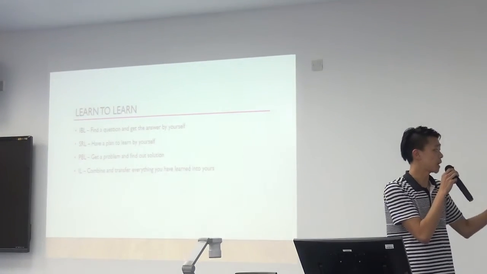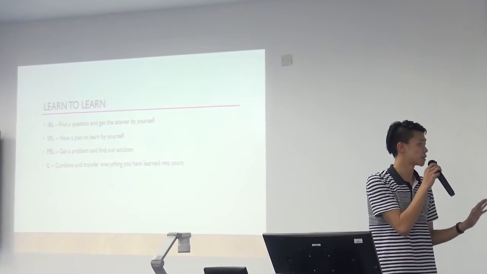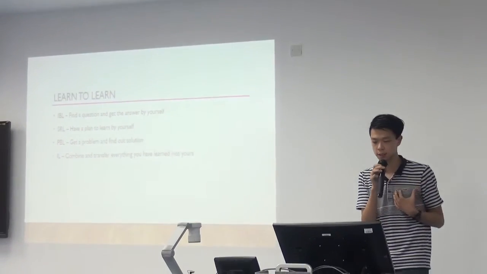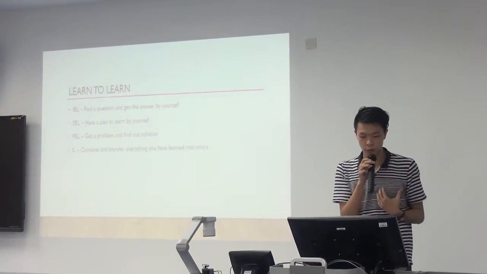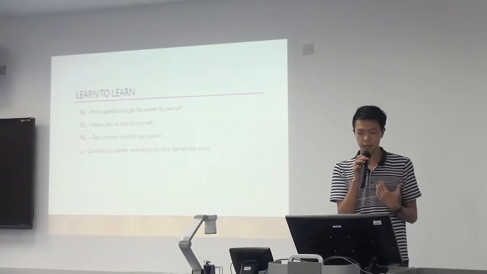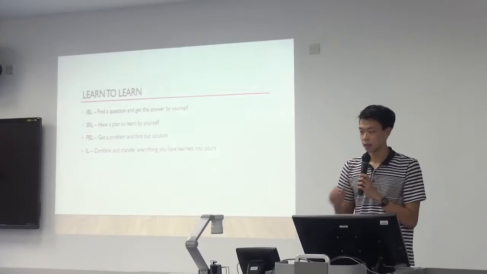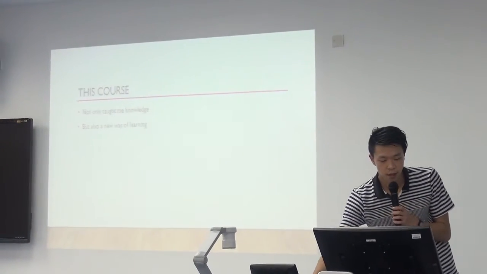And for PBL, I get a problem, find solutions, and finally combine and transfer everything into my own. That's how I learned this course instead of other courses. This really made me do well in this course, and that's exactly what I've learned.